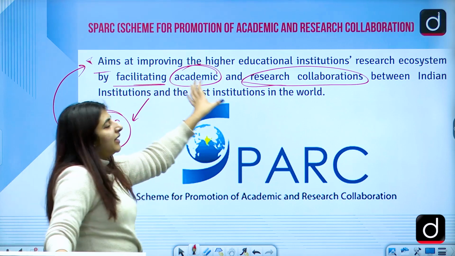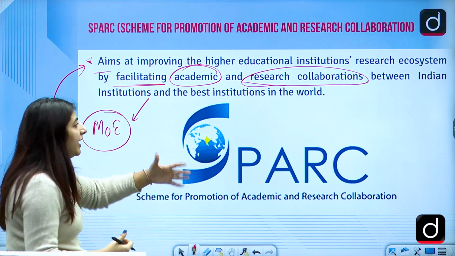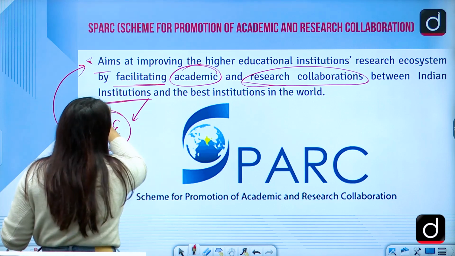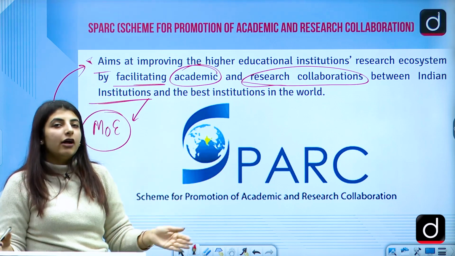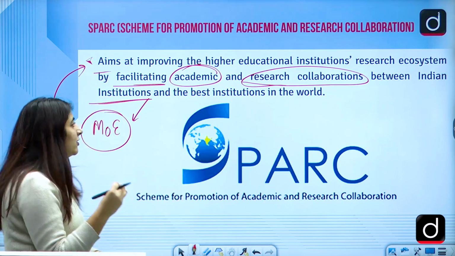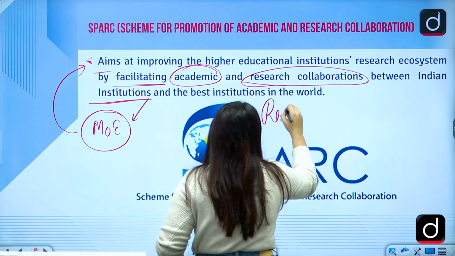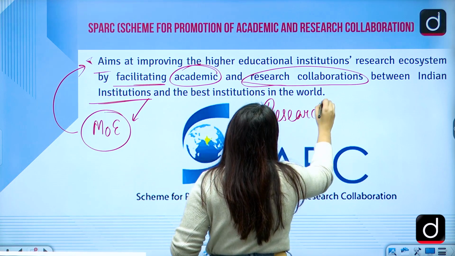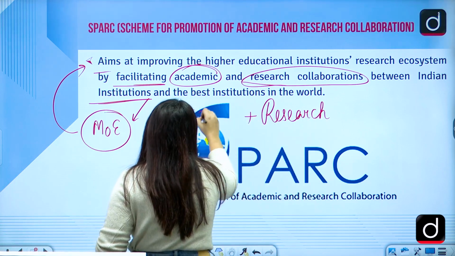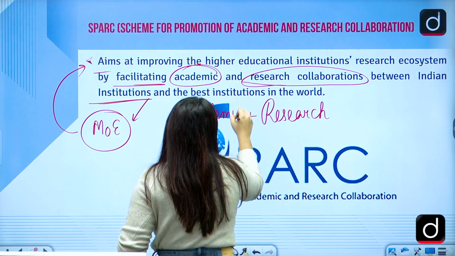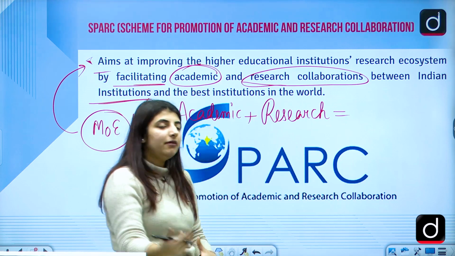So academic and research collaborations, meaning the experts in Indian institutions should collaborate with the people of the best institutions in the world for research and innovation, right? So here the focus is academia and research, but with India and the best institutions.